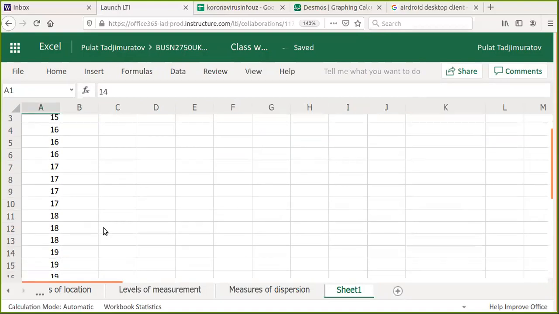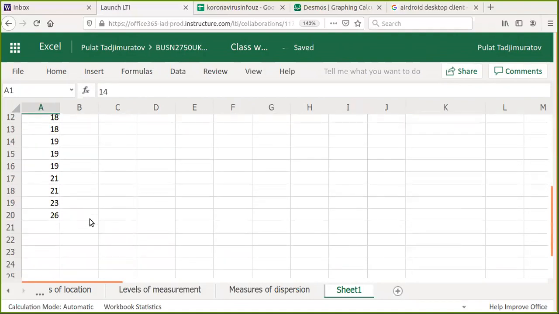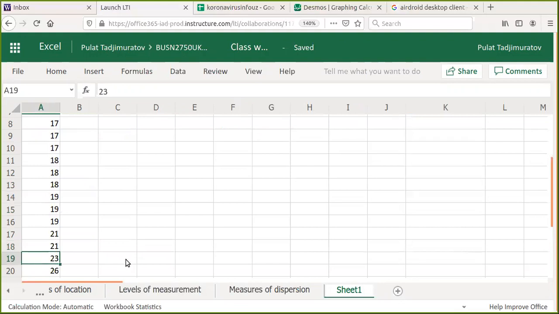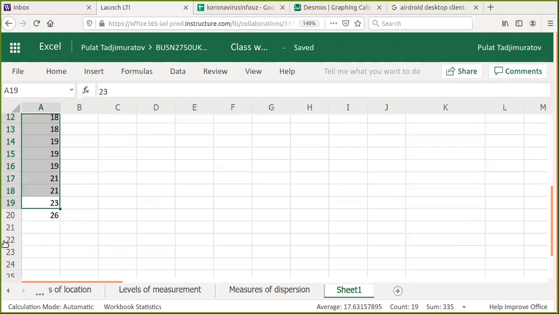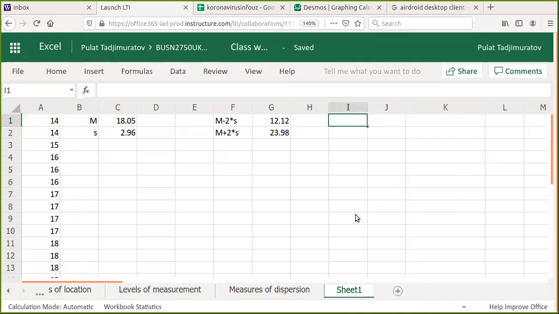All of them are larger than 12.12. And that's a large number: 19 out of 20 are between those two boundaries. So 19 over 20, let's remember that for now.